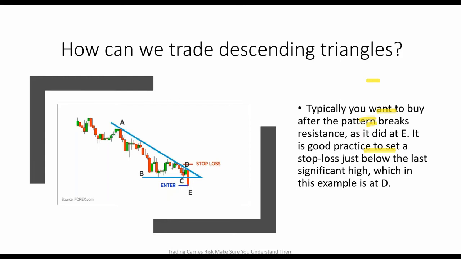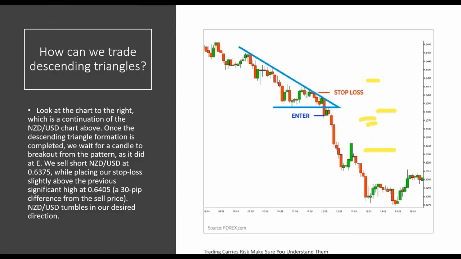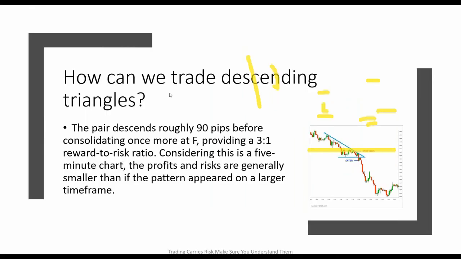It's just the flip over, just the reverse of the ascending, and it's the same rules as for a symmetrical. Breakout, 1, 2, 3 candles, entry point. The width of our pattern should establish our limit. Our stop loss is 10 pips above, in this case, the swing high, because we were in a downtrend and we broke out going down.